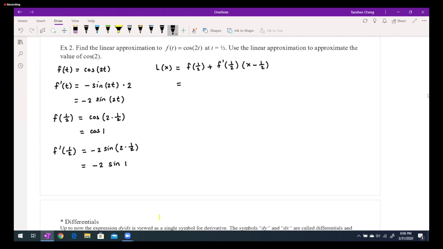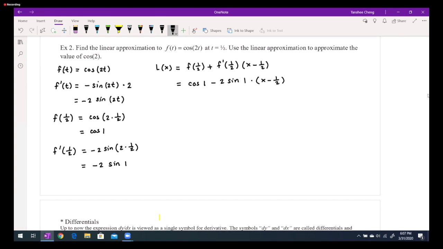And this will be cosine of 1 minus 2 times sine of 1 times x minus half. So that is our linearization function.